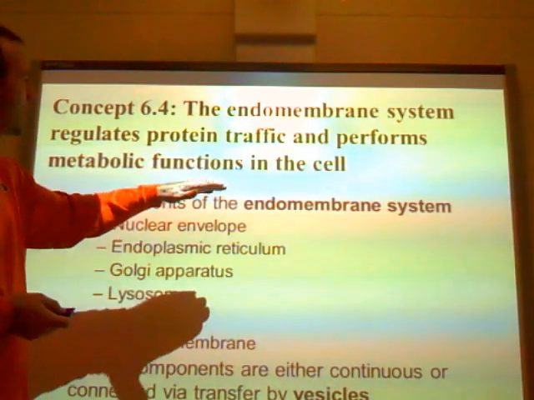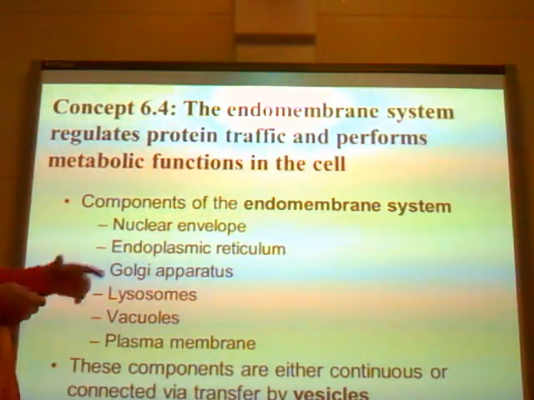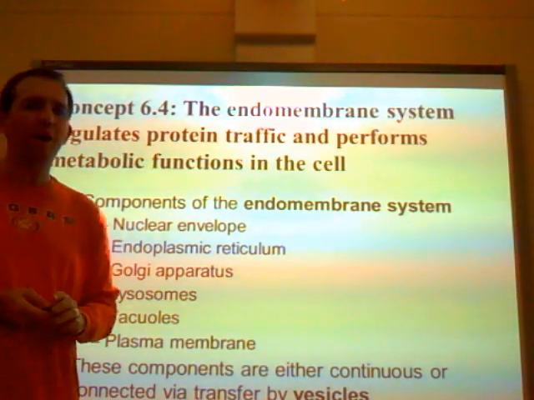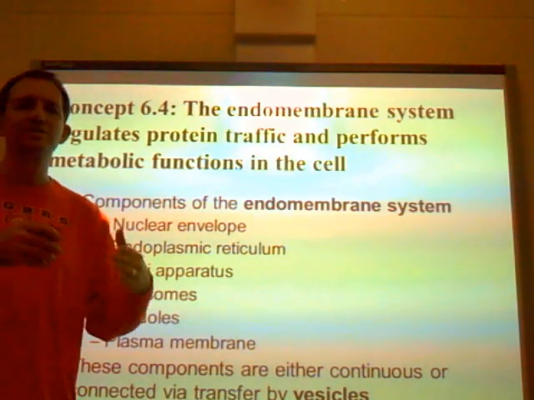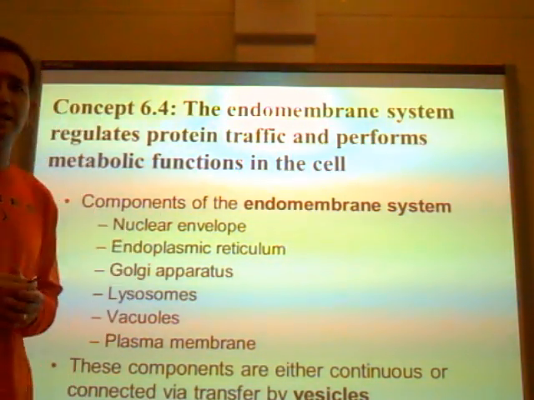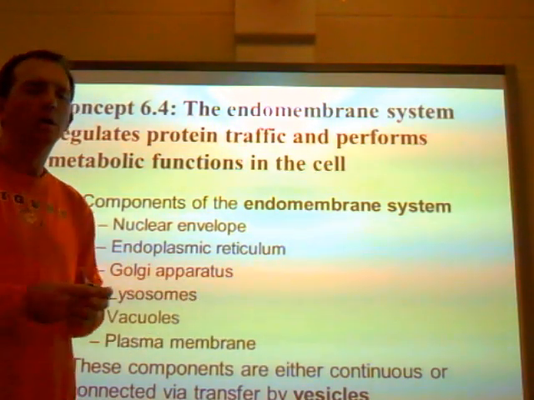The endomembrane, endo meaning inside, so we're going to be inside of the system, regulates the protein traffic and also performs the functions of metabolism inside of the cell. So what is the endomembrane system? What is this system that is located inside of the cell?